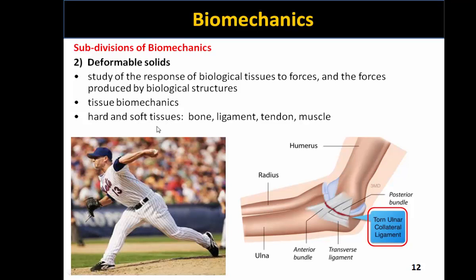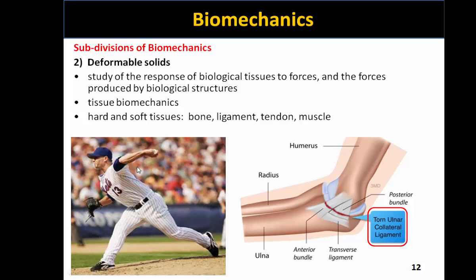In this photo we see a very high velocity task such as pitching a baseball. When we slow it down and capture a still image, we see that the pitching arm undergoes a great deal of deformation. In this position, we know that a tremendous amount of stress is placed on the medial side of the elbow.